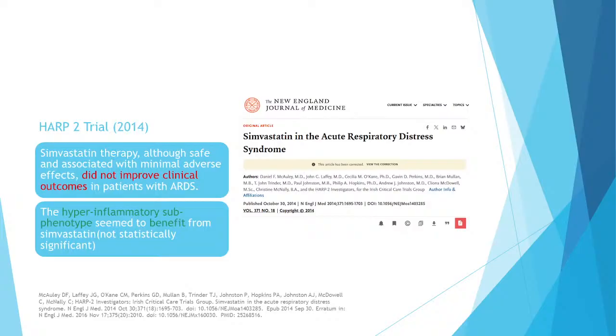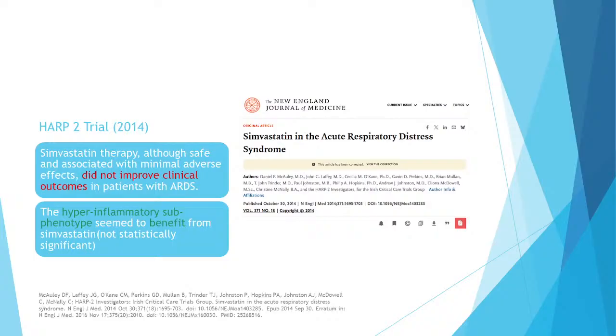So this HARP trial stands for HMG-CoA reductase inhibitors with simvastatin in acute lung injury to reduce pulmonary dysfunction. They tried to see if simvastatin 80 mg per day in 140 patients versus placebo had any mortality benefit. So simvastatin therapy, although safe and associated with minimal adverse effects, did not improve any clinical outcome. That was their conclusion.